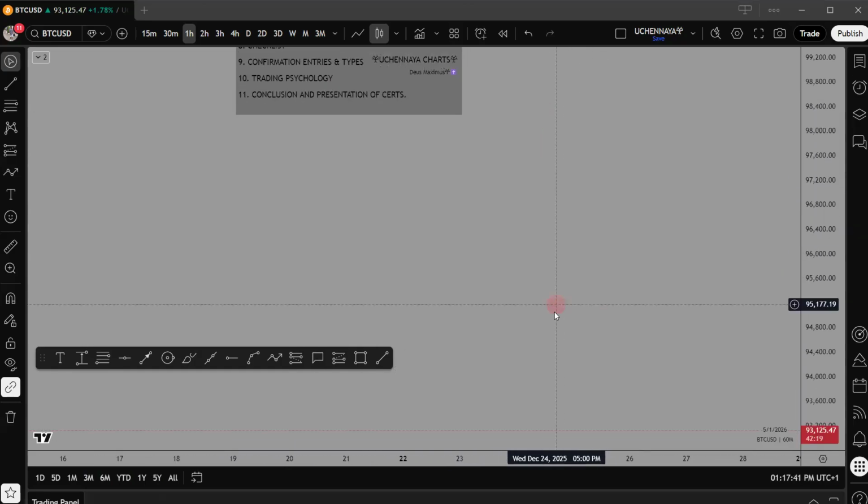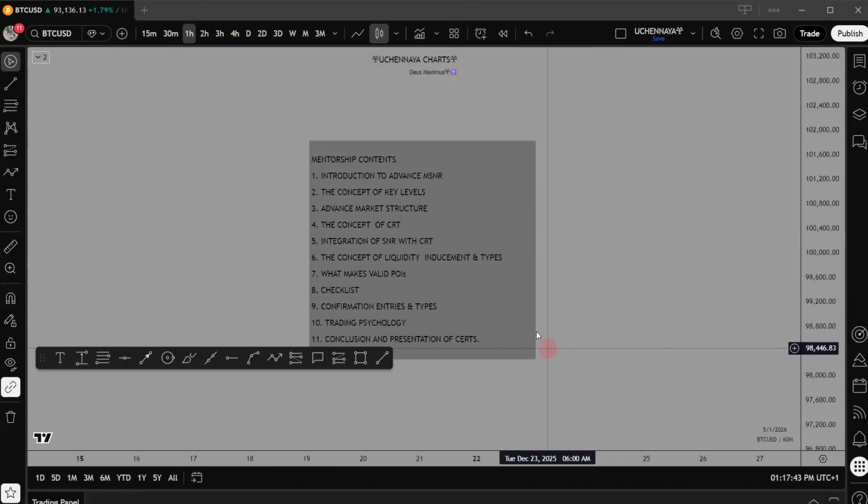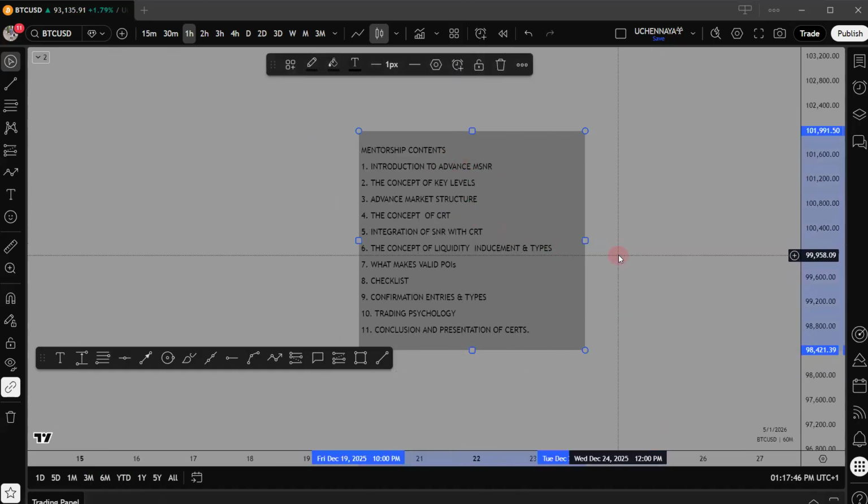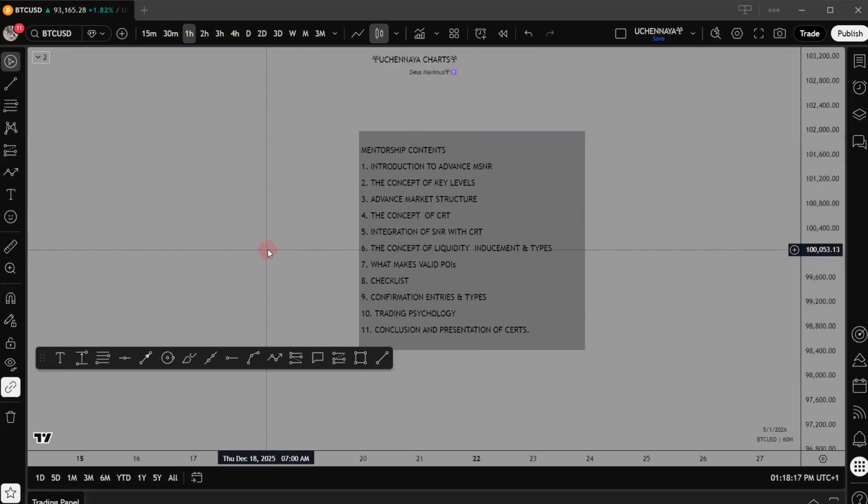Remember, when talking about key levels, or when trading SNR, when talking about the four types of SNR, please, this is very important, do not go lower than the daily time frame. You can actually use some of those levels, but when it comes to the concept of key levels, they form the basis of your storyline.